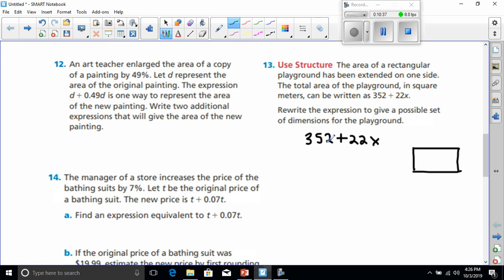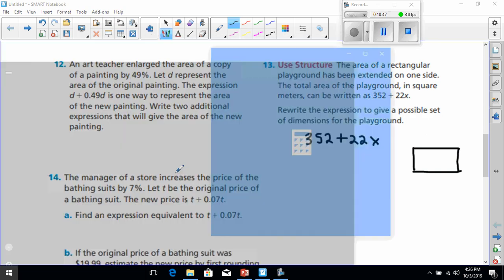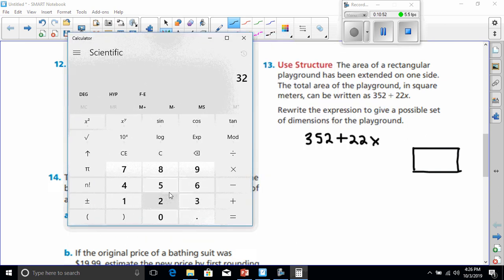Well, first I need to see what factors into 352 and 22. First of all, I'm going to see if 22 fits into that. Let me get my calculator out here. I'm going to take 352 and divide it by 22. Oh, well, that doesn't work. So I'm going to have to see what factors into both. How about 11? Does 352 divided by 11 work?